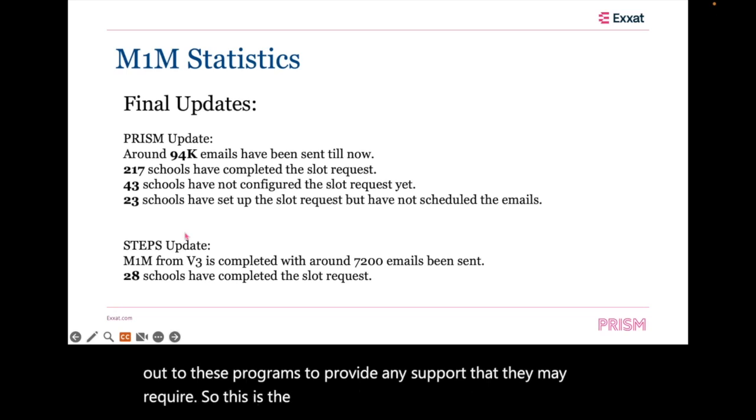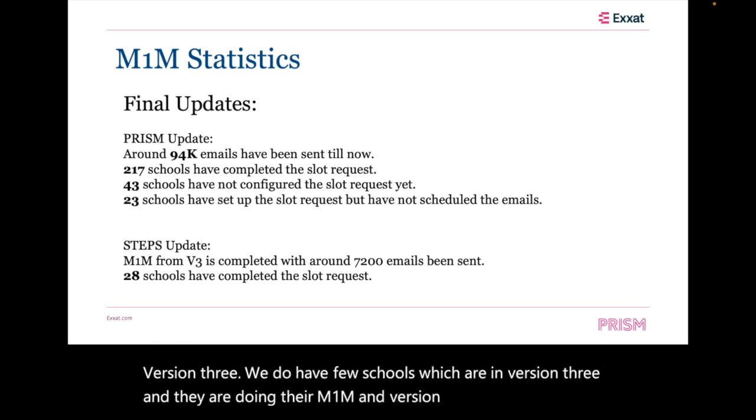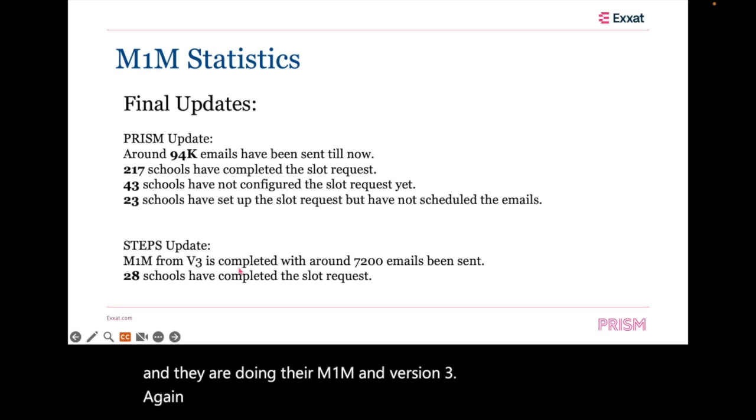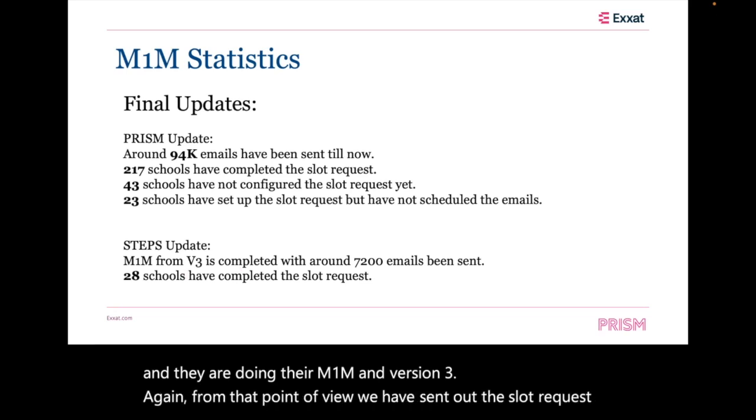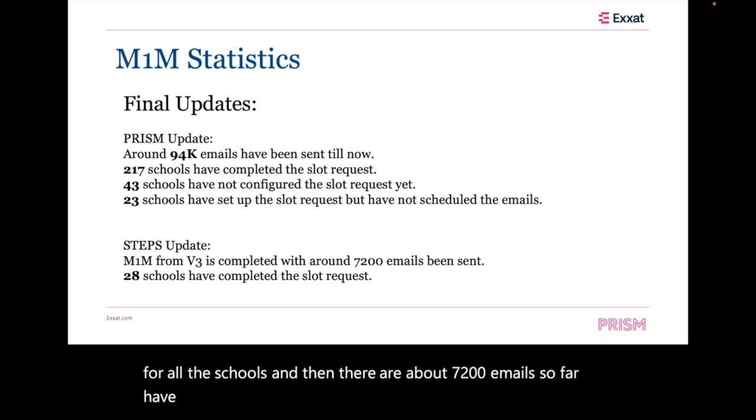And for Steps version 3, we do have a few schools which are doing their M1M in version 3. We have sent out the slot request for all the schools, and about 7,200 emails have gone out from version 3 as well.